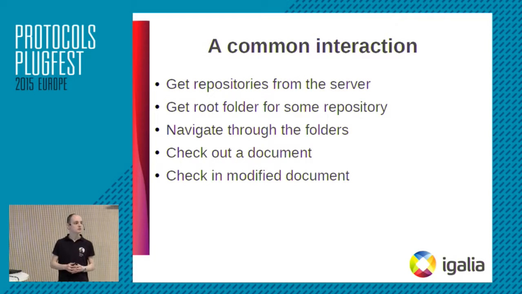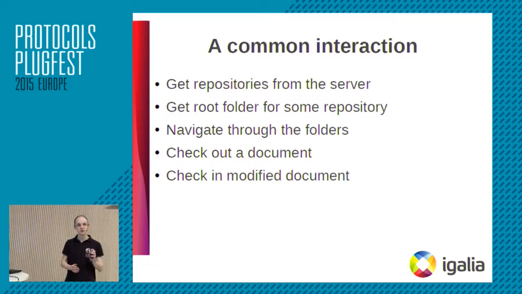This is a typical interaction between CMIS client and a server. Your client will likely want to get the list of repositories of the server, expose them, know about their capabilities.